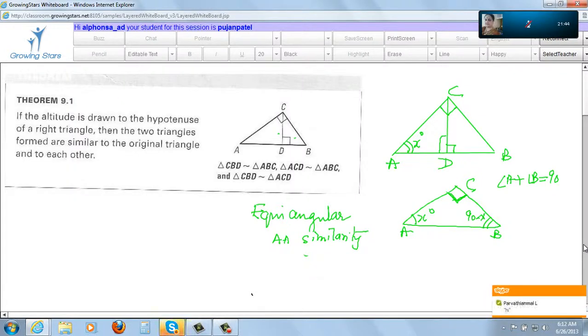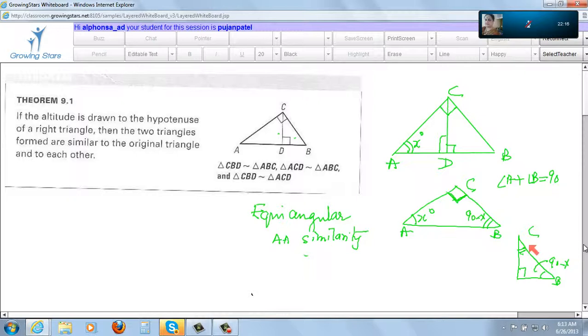All right. Now let's take the other triangle, CDB. If you take CDB, again we have a 90 over here, and we have already got 90 minus x over here, from the previous triangle. So what will be the angle over here? Part of angle C here.